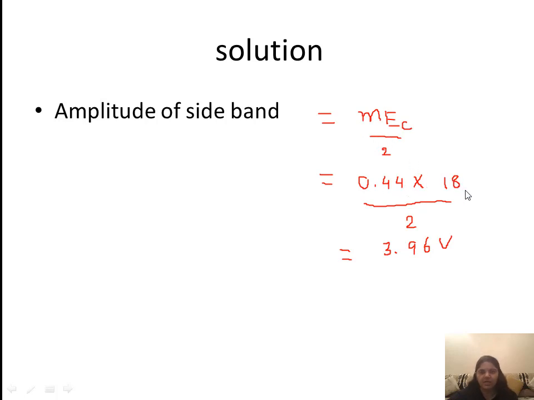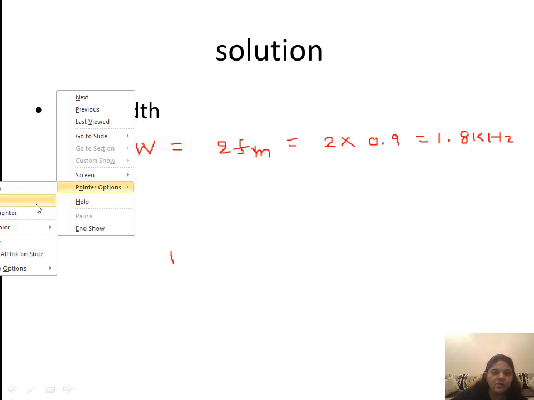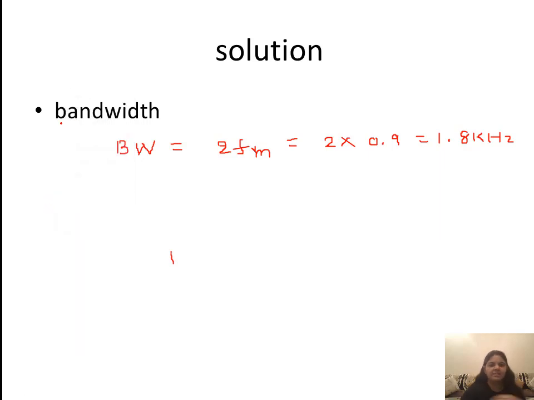Bandwidth. The bandwidth is equal to twice Fm. We know that the bandwidth is the range of the frequency: the higher frequency minus the lower frequency. The higher frequency is Fc plus Fm, and the lower frequency is Fc minus Fm.